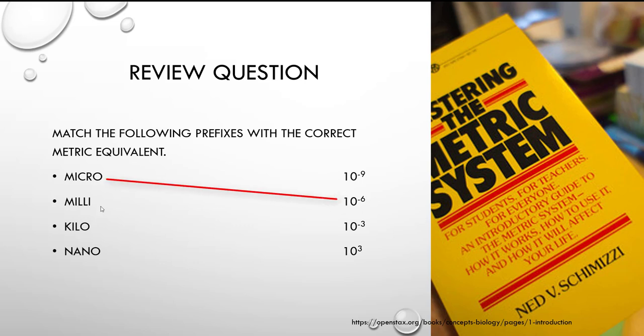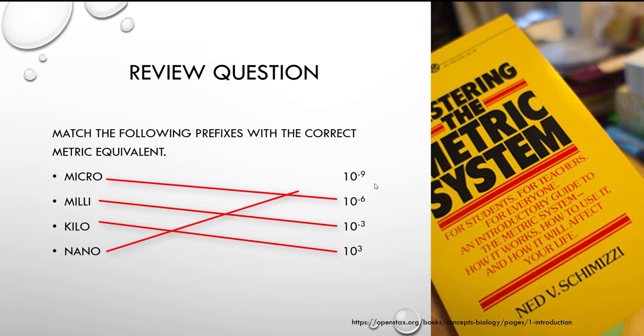How about milli? 10 to the minus 9, 10 to the minus 3, or 10 to the third? If you said 10 to the minus 3, I would agree with you. How about kilo? 10 to the minus 9 or 10 to the third? It was bigger than 1, right? So that was 10 to the third. And then nano is the teeny, teeny, tiny 10 to the minus 9.